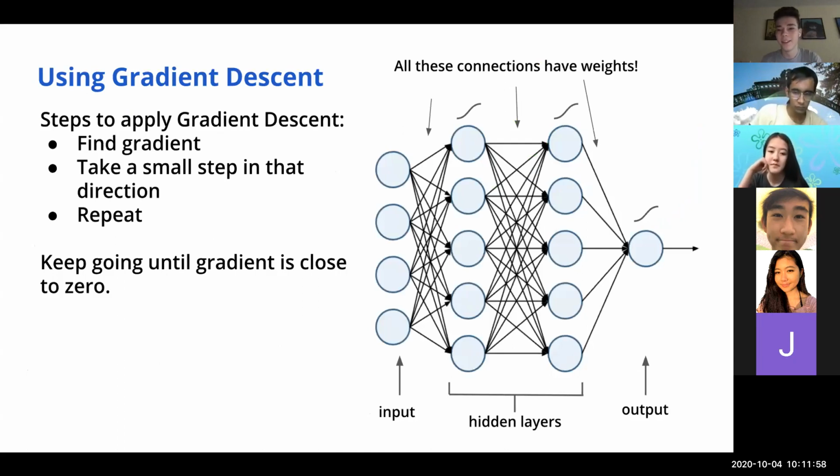When you apply gradient descent, you find the gradient at the very last node and backpropagate to find the gradient in all the previous nodes, which is called backpropagation. You take a small step in the direction of the gradient, and you repeat this until the gradient is 0, until you can't take any more steps.